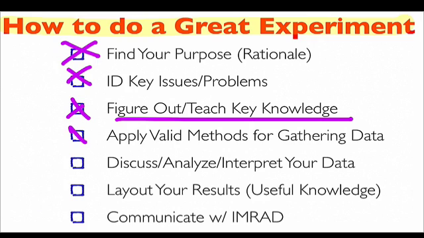And then apply valid methods for gathering data. In this case, they use wind tunnel and pressure measurements, and those are used in thousands of fluid mechanics research problems. They discuss, analyze, and interpret the data and tell the reader what this stuff really means. You can totally see this as you skim through the article. And then in the results section, they just laid out the results. It's very easy to figure out what they wanted us to get out of this.